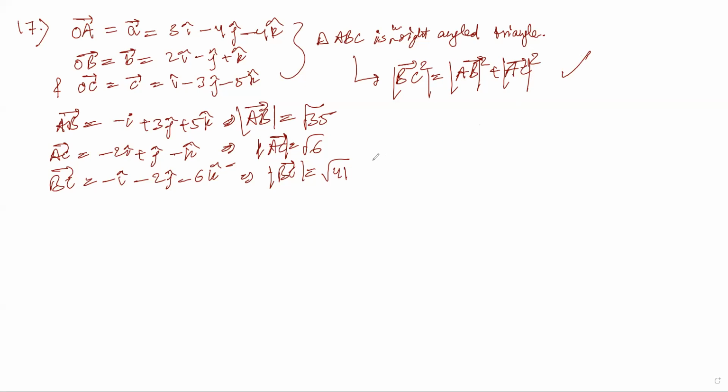In a triangle ABC, which of the following is not true? First is AB plus BC plus CA is equal to 0. Is it correct?